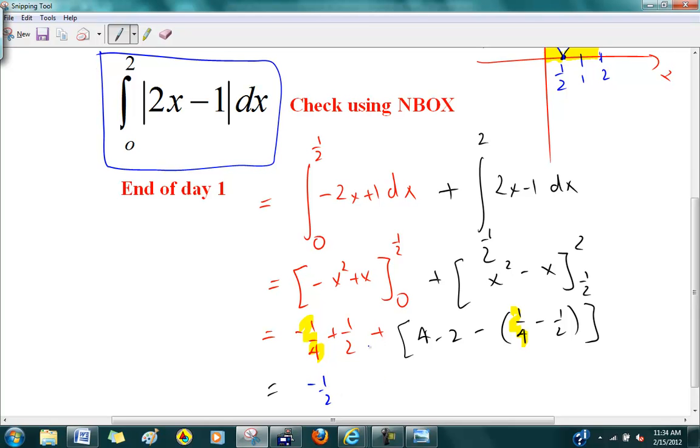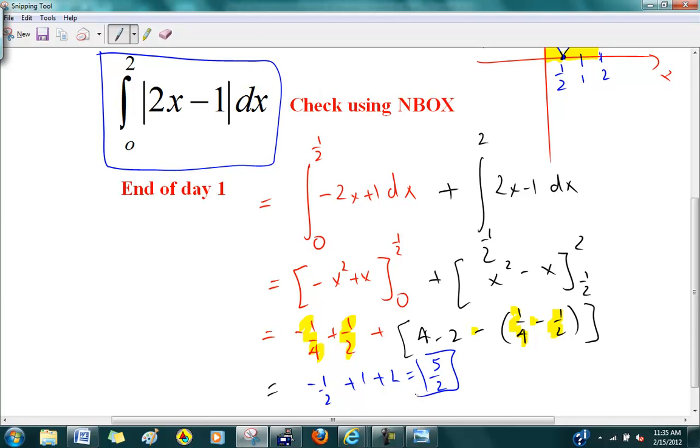I have a plus 1/2 from here, and a plus 1/2 that comes from here, which is really this guy and this guy. Okay, so that gives me a 1. And then I have a 2 from there, so that's 3 minus 1/2. So that's 2.5, which is 5/2.